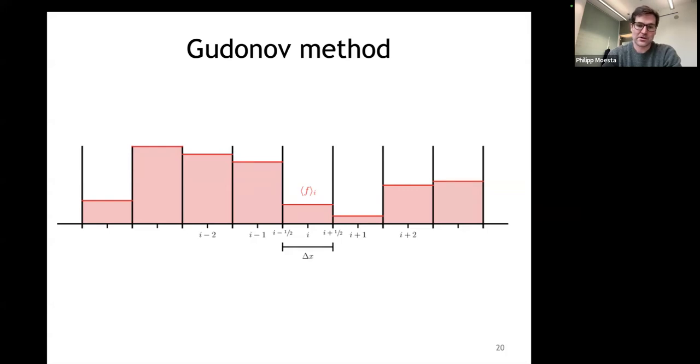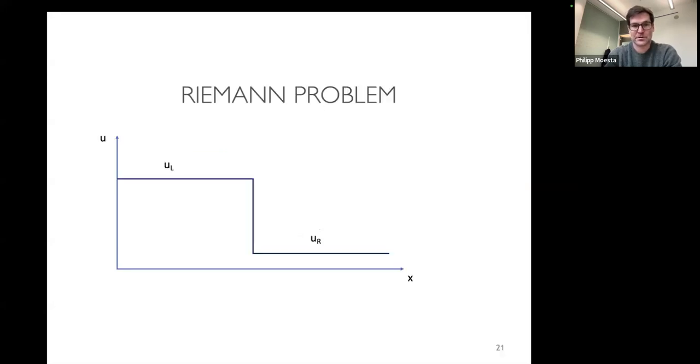To solve for these fluxes, if we look at, for example, this interface i plus 1/2 here, we now have a discontinuity at this interface between the two function values that are the cell averages from the left and the right. We need to consolidate these two values, and this is what is called solving the Riemann problem.